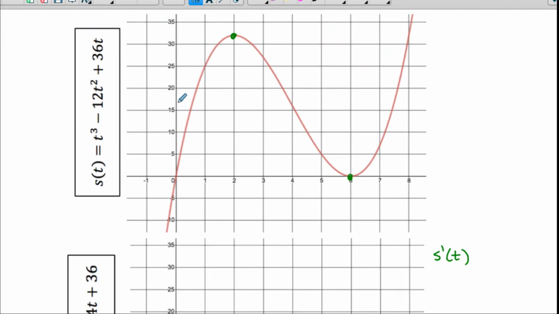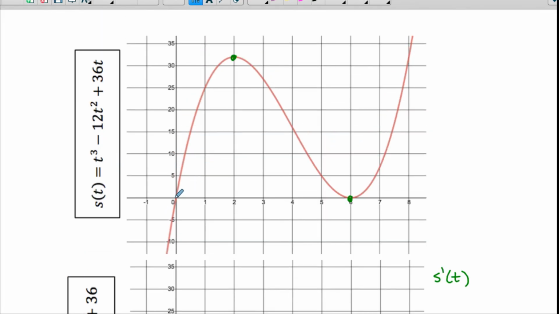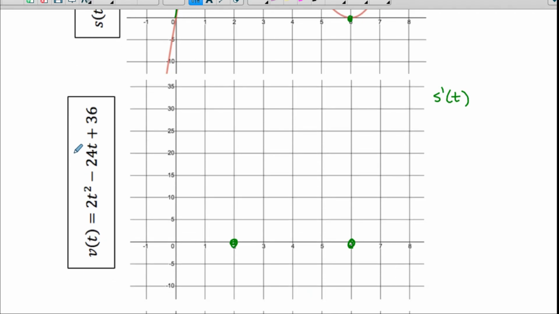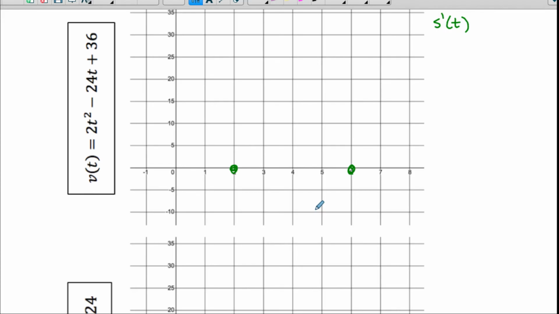So I know the first derivative at an x value of 2 and 6 would have a y value of 0. And I noticed the displacement function is increasing before 2. That means the first derivative is going to have positive y values before 2. It's then decreasing between 2 and 6, which means the first derivative is going to have negative y values between there.